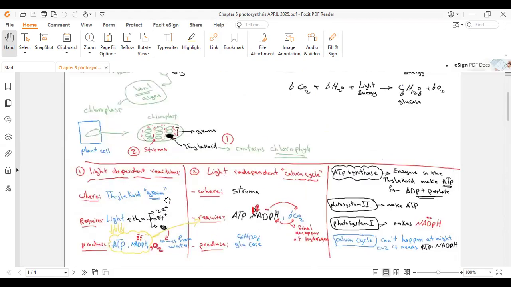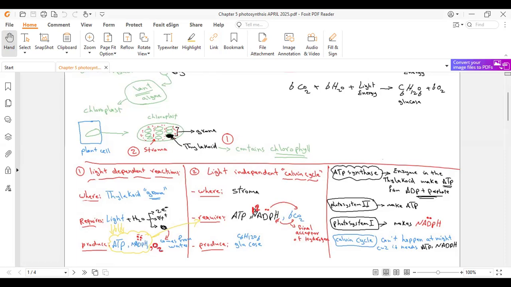Remember, the light-dependent reactions happened in the thylakoids of the chloroplast, where we absorbed light and used water, and we got oxygen out of this water. The light energy was transferred to the ATP and the NADPH that carried energized electrons. Remember?